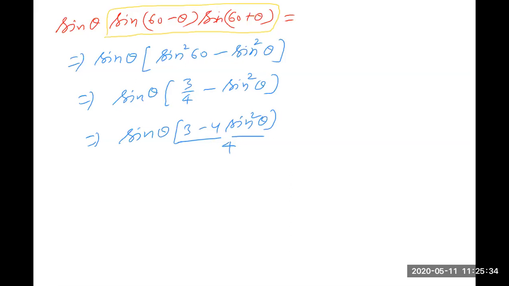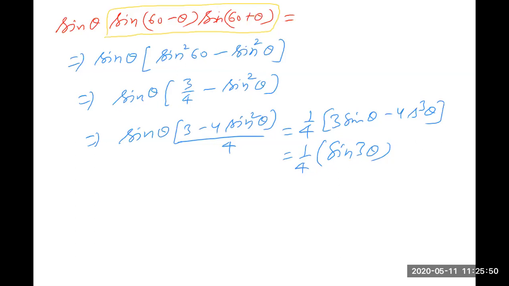So this is equal to 1 upon 4 multiplied with 3 sin theta minus 4 sin cube theta. If you remember, this is the formula for 1 upon 4 sin 3 theta. So sin theta, sin 60 minus theta, sin 60 plus theta is equal to 1 upon 4 sin 3 theta.